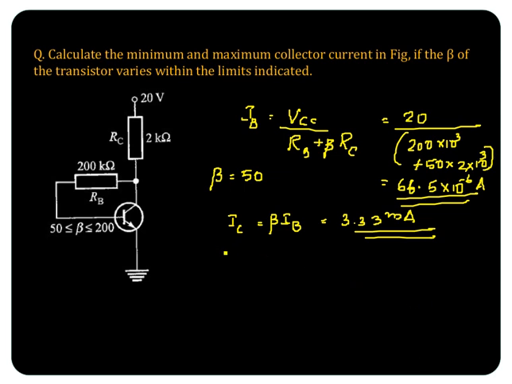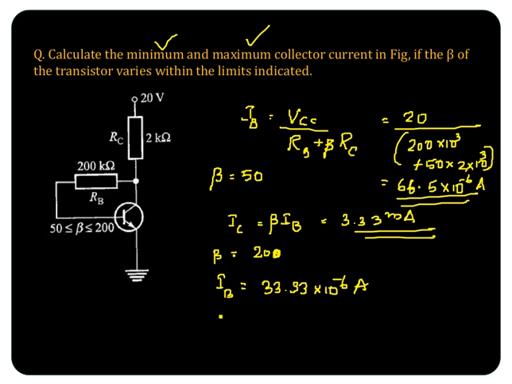Okay, now we have to find out the second case. So beta equal to 200. You are asked to find the minimum and maximum collector current. You found out the minimum collector current when beta equal to 50. What about when beta equal to 200? Using the same expression, if you calculate IB replacing beta, you get its value as 33.33 into 10 raised to minus 6 ampere.